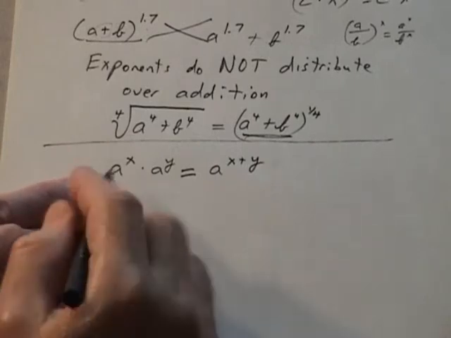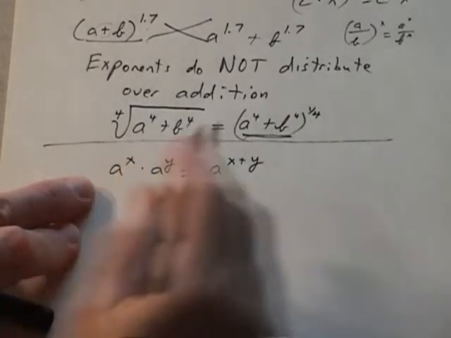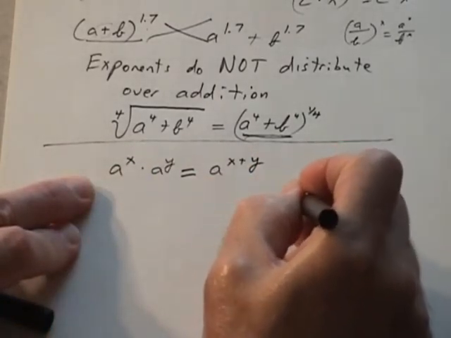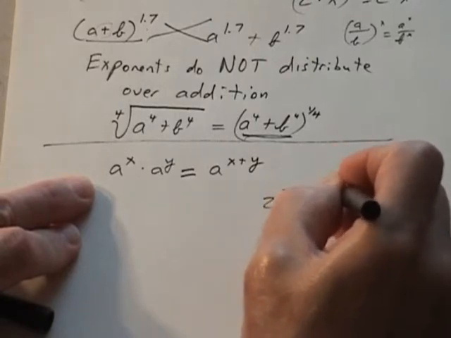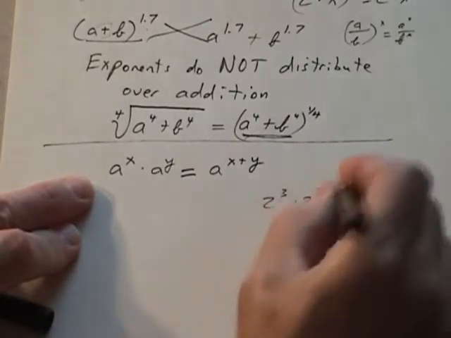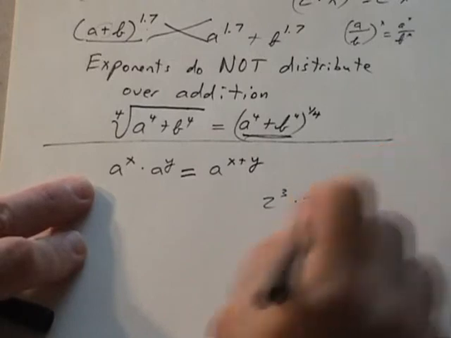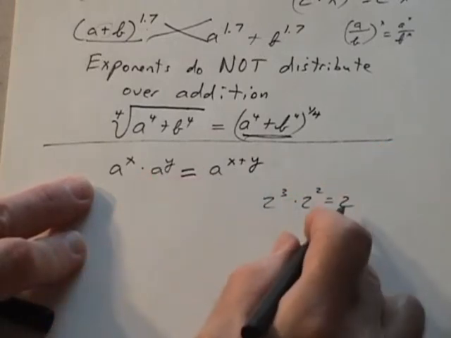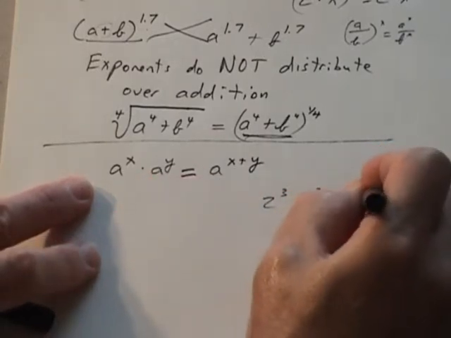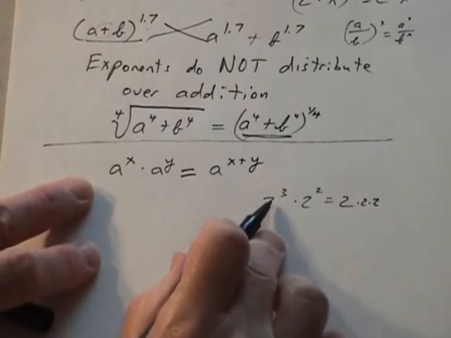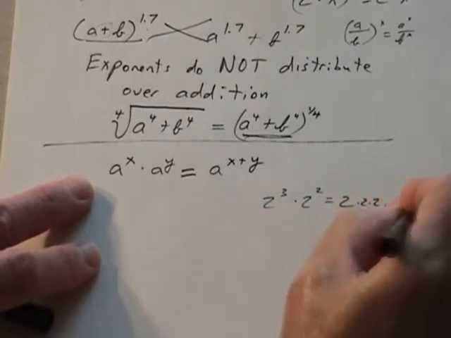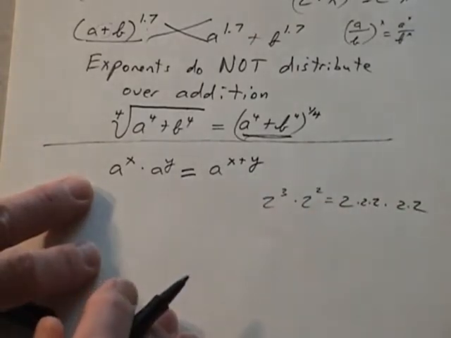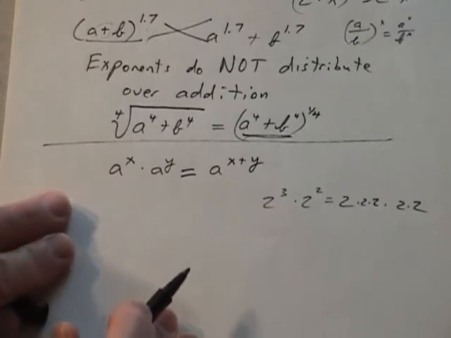If you just plug in a number for a, like 2, and raise it to the third times 2 to the second, you can see that this is 2 to the fifth. Well, according to the rule, it's 2 to the fifth, but that would be obvious if you just multiplied all the 2's out. There's 3 of them here, and then 2 more of them here, and that's a total of 5 2's. So that's kind of a reality check.